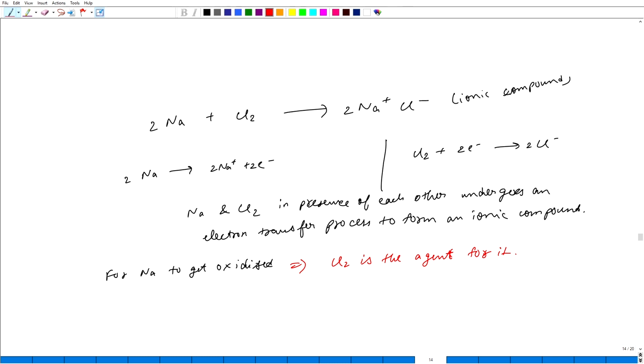Why? Because there is chlorine prompting sodium to do it. Chlorine is acting as an agent for sodium to lose its electron.